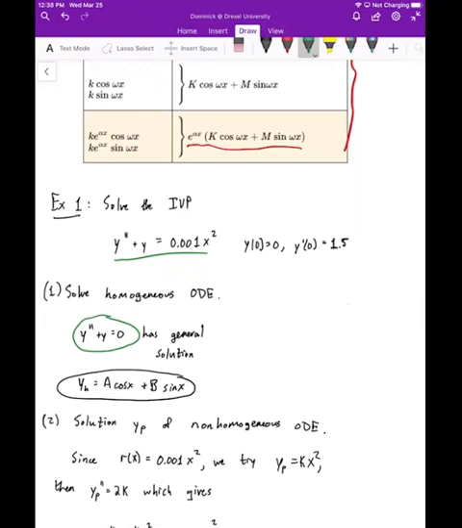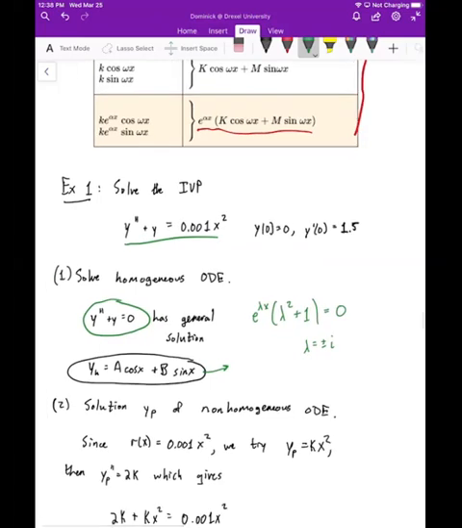And we've shown many times that this has this general solution. Of course, if you look at the characteristic polynomial, you get this, and that gives you plus or minus i, right? So that's where you're getting the general solution for the homogeneous version.